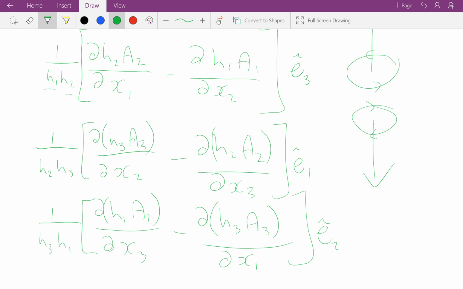And that is the curl in an arbitrary orthogonal basis set in 3 dimensions.